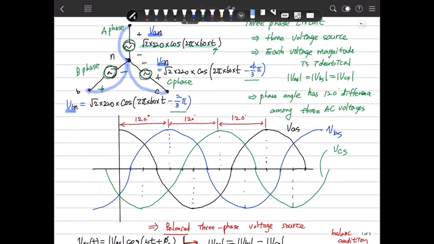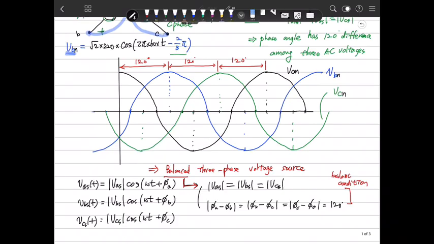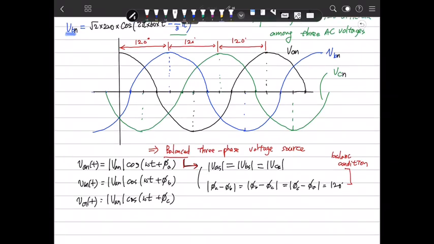Actually, S is okay, N is also okay. It depends on you, but N is the more general symbol to represent that point. So I will follow that symbol. This is N.